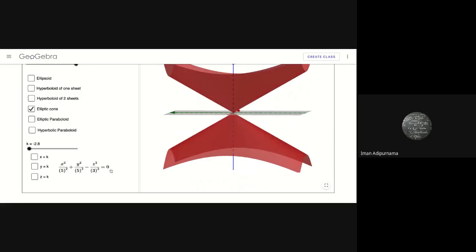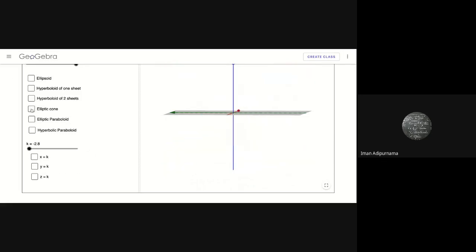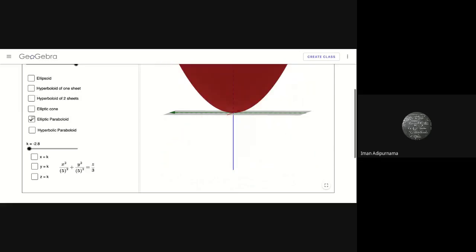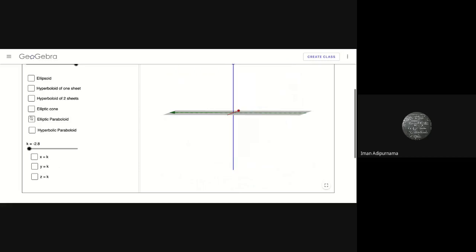The difference is just this is 0 and this is 1. And we have a paraboloid here, and you can check by yourself.